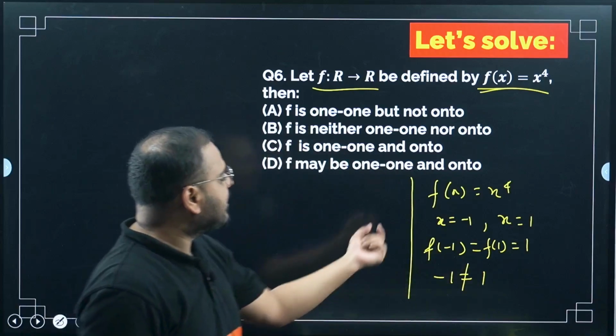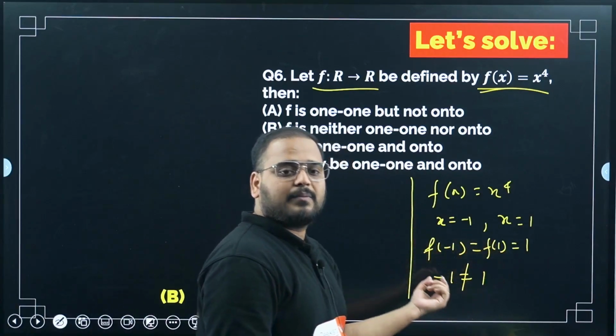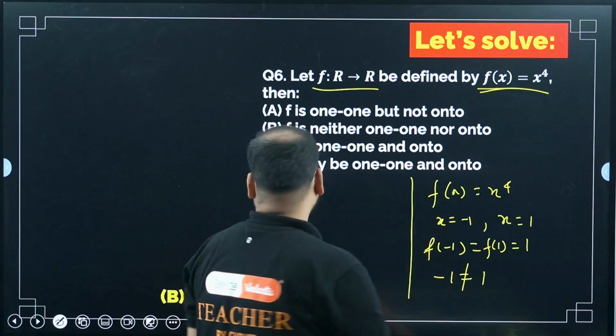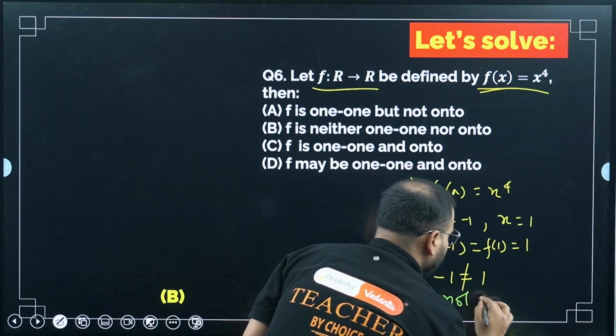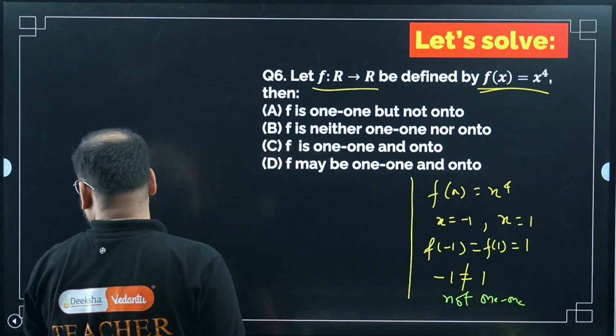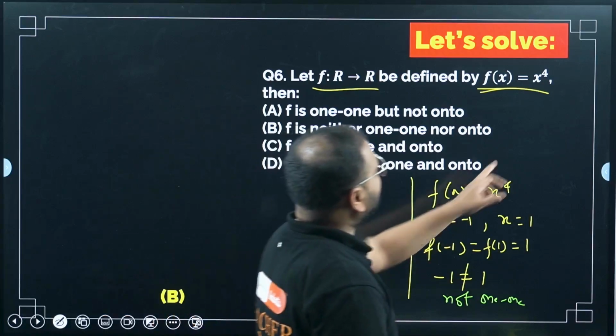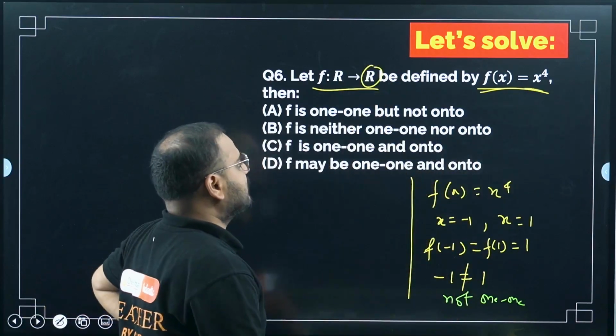That's how we check, right? f of minus 1 equals f of 1, but minus 1 is not equal to 1, so not one-one. What about onto? We can directly say from here. Only positive outcomes, correct? But it is defined on real. So not onto also.